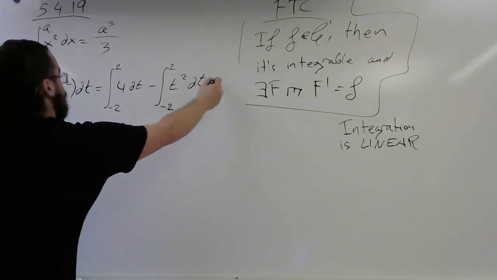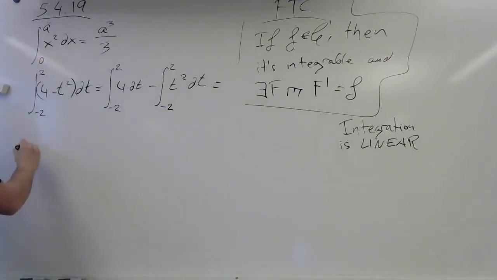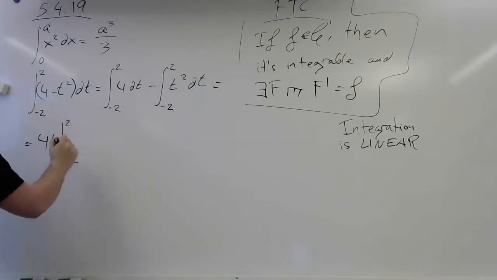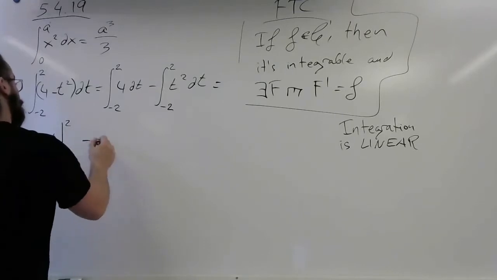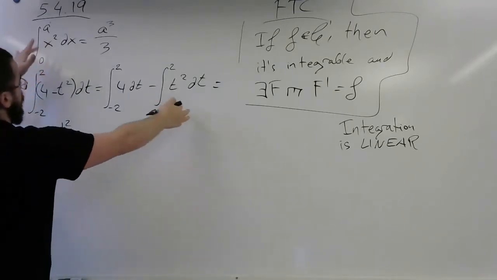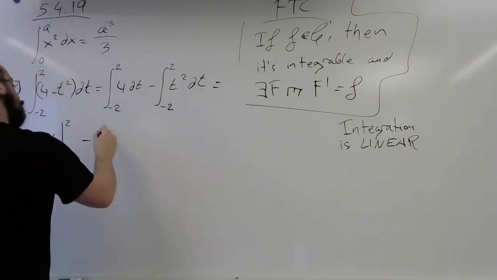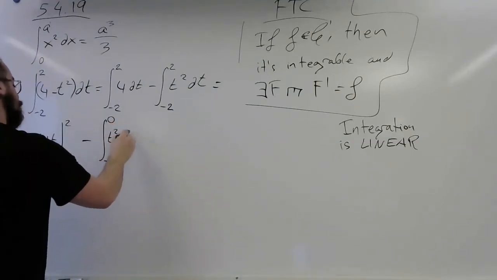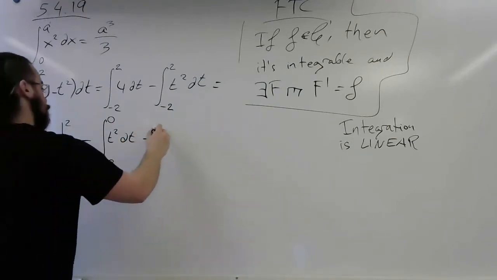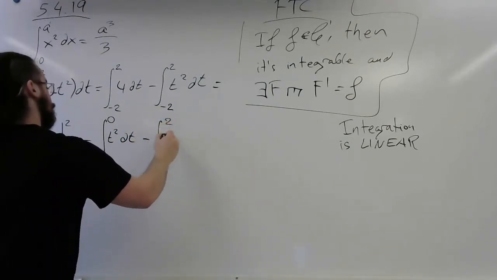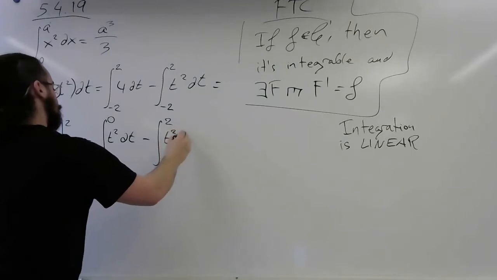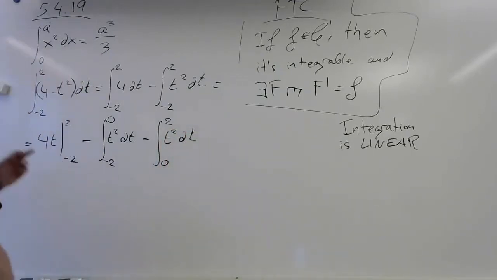So the integral of this is for t evaluated between -2 and 2. And here we have to do a little transformation. Now this is 16.